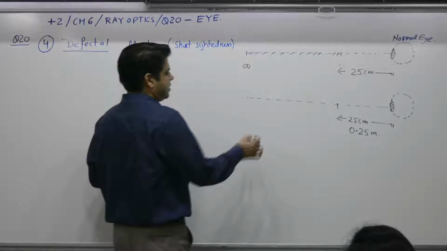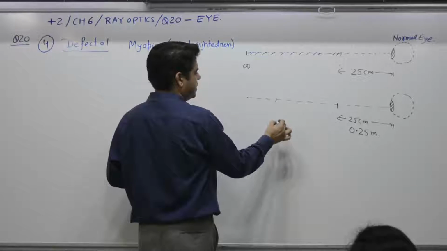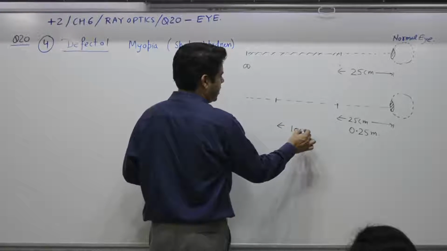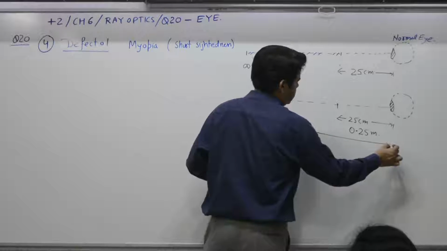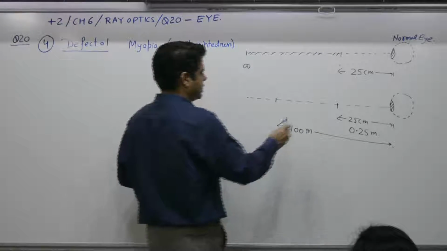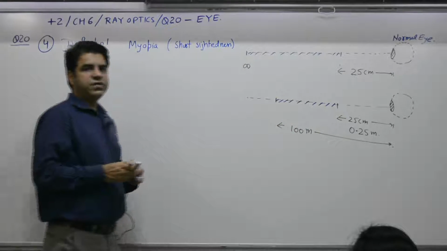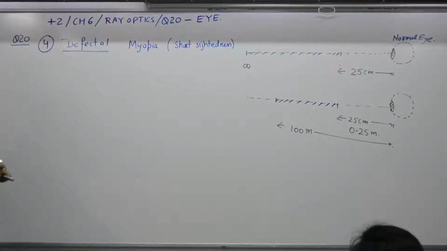And suppose for this person the far point is not infinity but shifts to, say, 100 meters. So the problem with this person is that the person can see only between 25 centimeter and 100 meters.